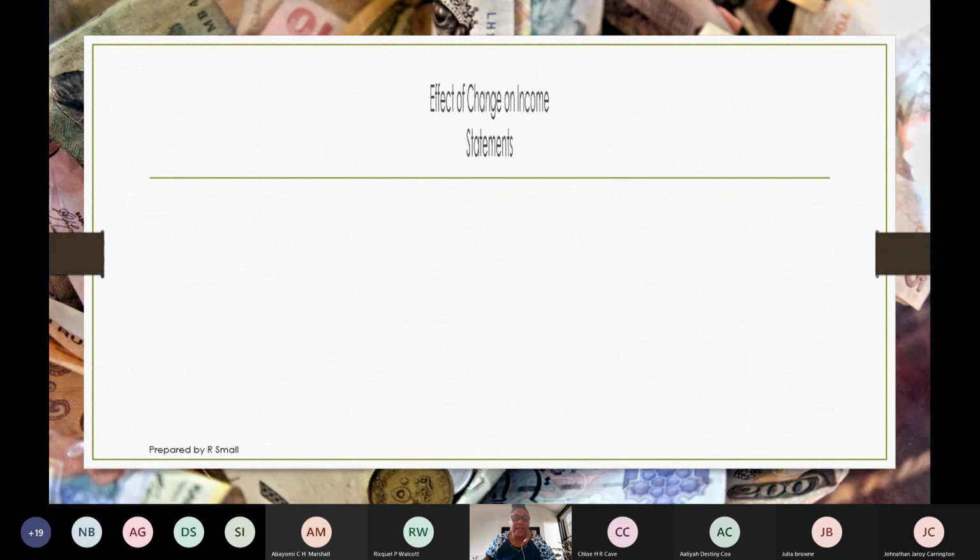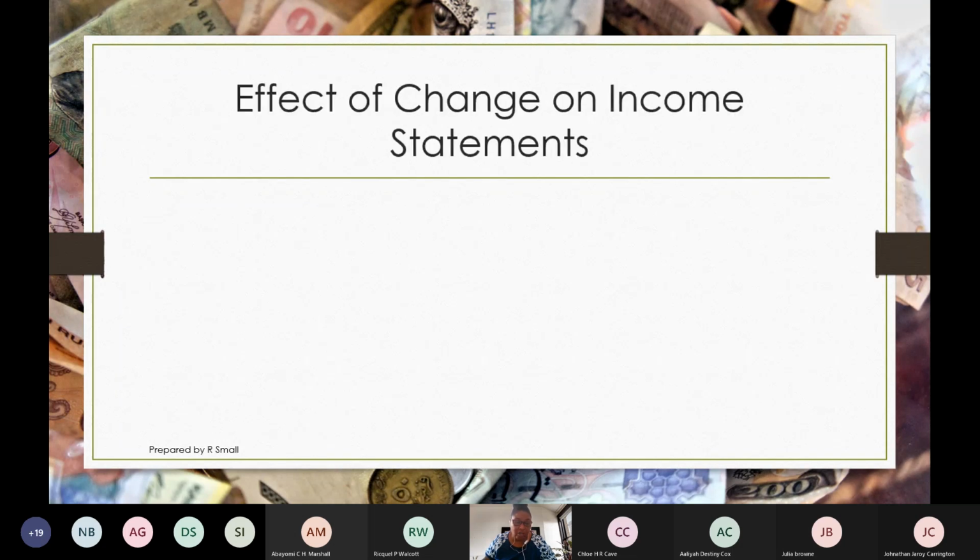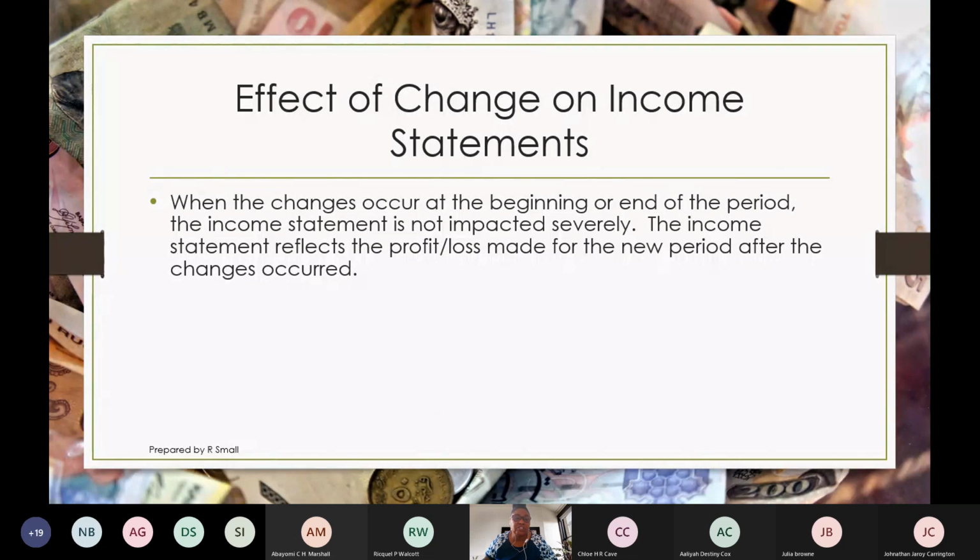We have the effect of the change on the income statement. And we're seeing when the change occurs at the beginning or the end of the period, the income statement is not severely impacted. So this is important.